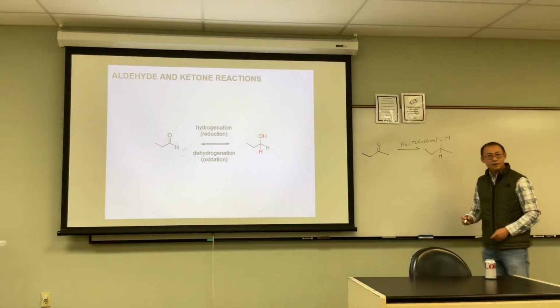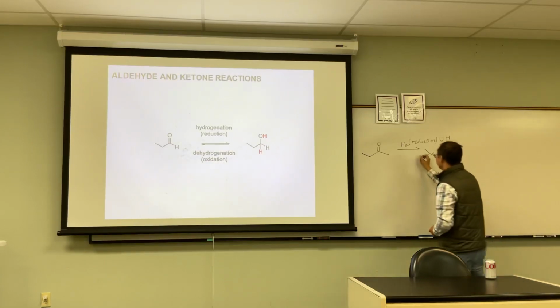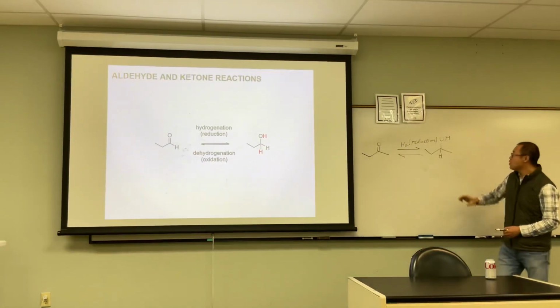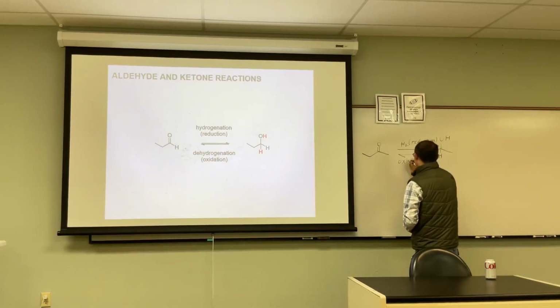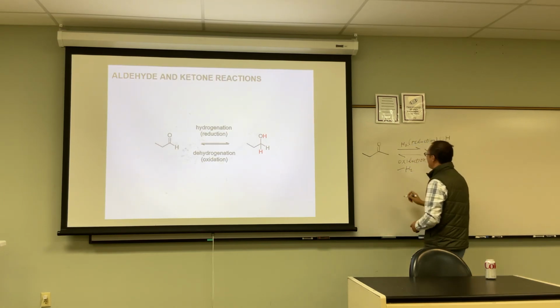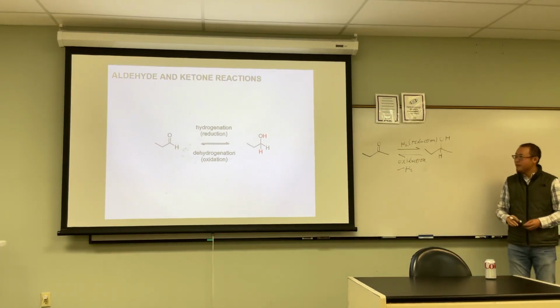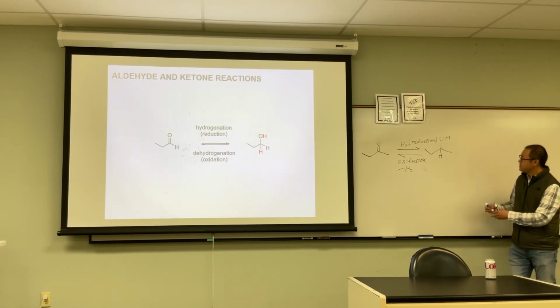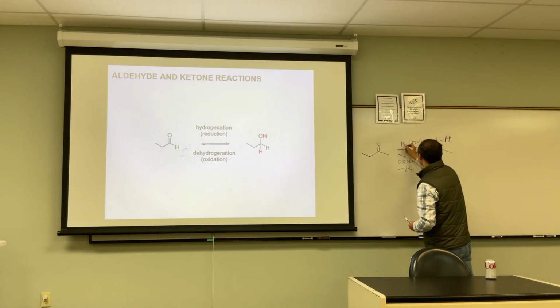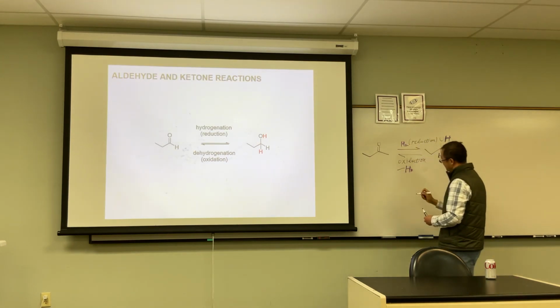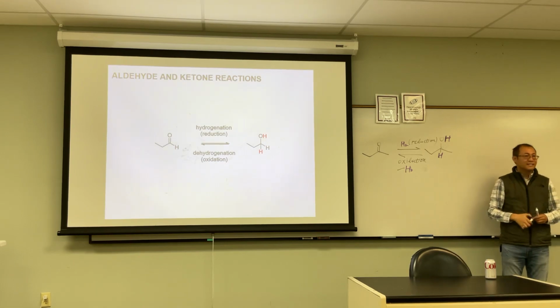Okay, reduction. And then if I remove the two hydrogens, put the double bond back, we call the process oxidation. Of course, in this case, you're taking the hydrogen away, minus hydrogen. Use a different color. Hydrogen, hydrogen. Okay, like this. Is that the same, guys?